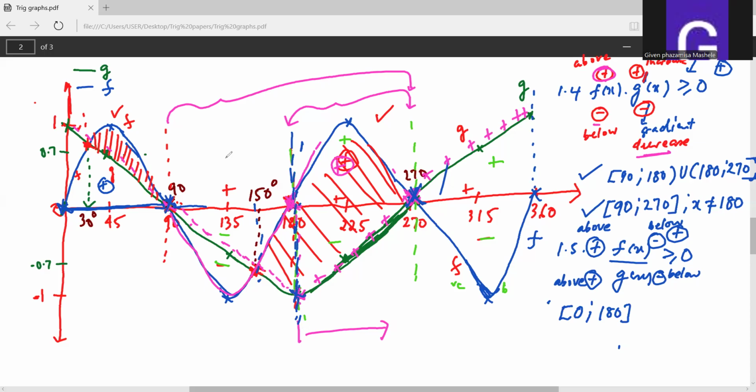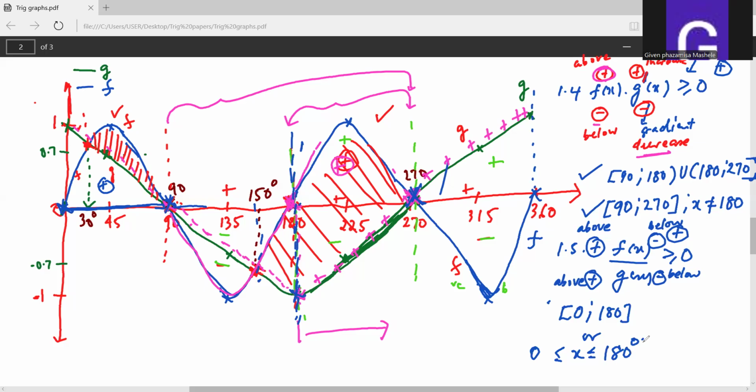So it's either they're both positive or both negative. There's no restriction here. From 0 to 180, or you can just say x is between 0 and 180 degrees.